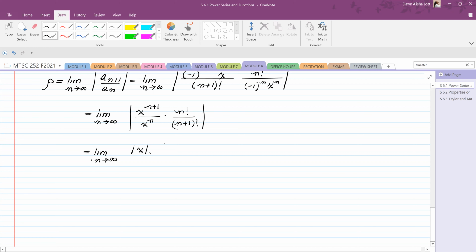Then n factorial over n plus 1 factorial gives me 1 over n plus 1. And as I take the limit as n goes to infinity, I get 0, which is less than 1. So what does that say? It says this series converges for all x.